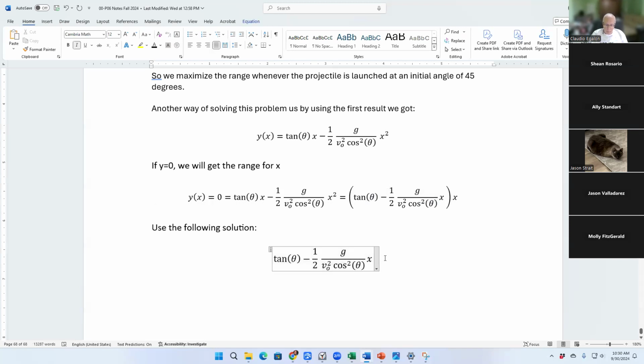Equal to 0. We are supposed to get the same result as before, right? There you go.